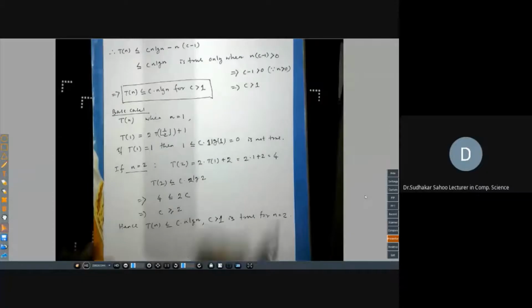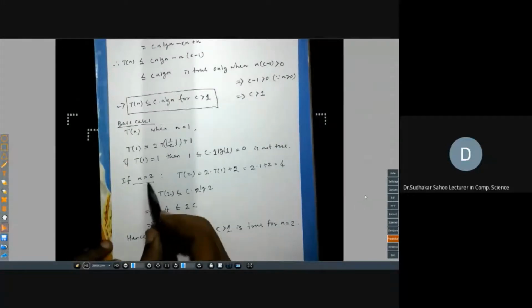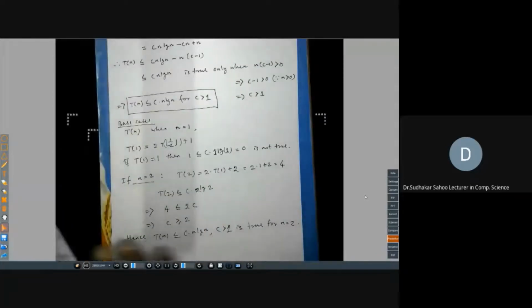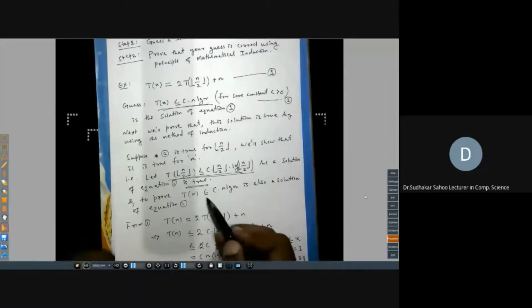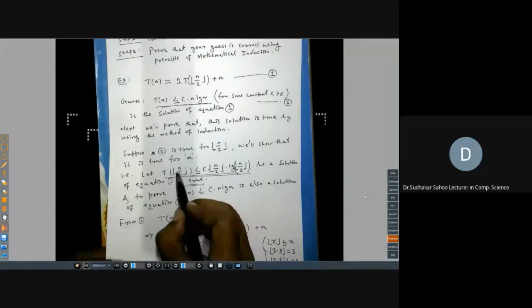Now, is this sufficient? If you have proved the base case n equal to 2, have you proved all these recursions? What we have proved, in the induction part, is that when it is valid for n by 2, it is also valid for n, and you have started that it is valid for n equal to 2.